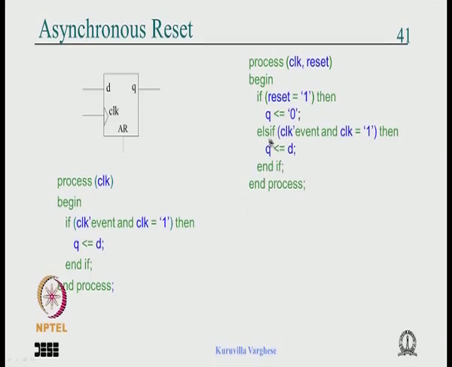That is why else if is specified here: we want to avoid the else, so that the memory part is specified. So there is no else, just elsif clock'event and clock is equal to 1, end if. That rightly models the behavior of asynchronous reset. That is the code, and it's the most useful code for a flip flop or a register.